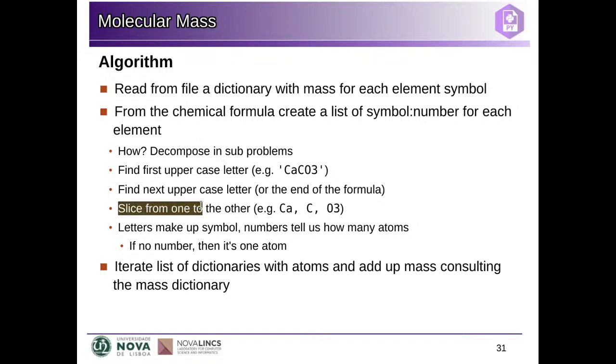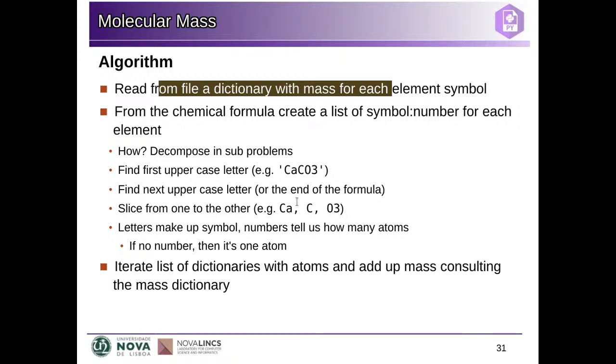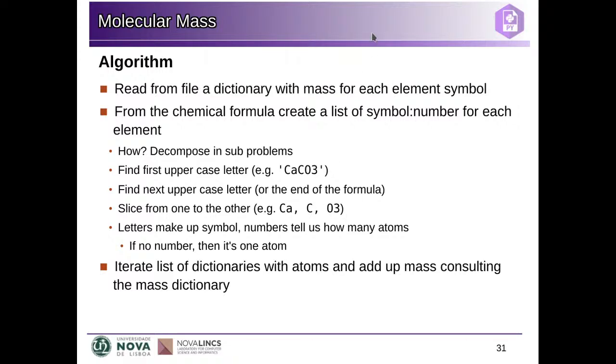So we're going to slice this into the different atoms that we have here, the elements, and also keep how many atoms we have of this element in each fragment of our chemical formula. And then we're going to interpret this, and to obtain the mass, we can simply add up the mass of all the elements multiplied by how many atoms we have in each fragment. So this, we can look up the mass of each element in this dictionary and then just add everything up.